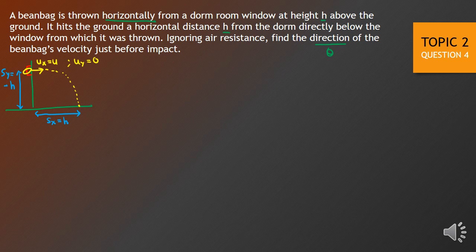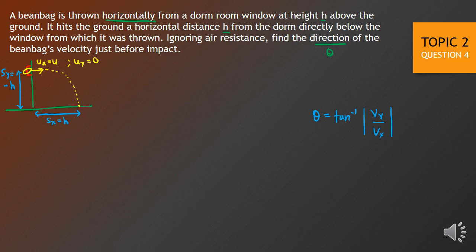We want to find the direction of the beanbag velocity. So we have to find direction using the formula theta is equal to arctangent of the modulus of the y component over the x component. But we don't have the x and y components of the final velocity, so we have to find them.